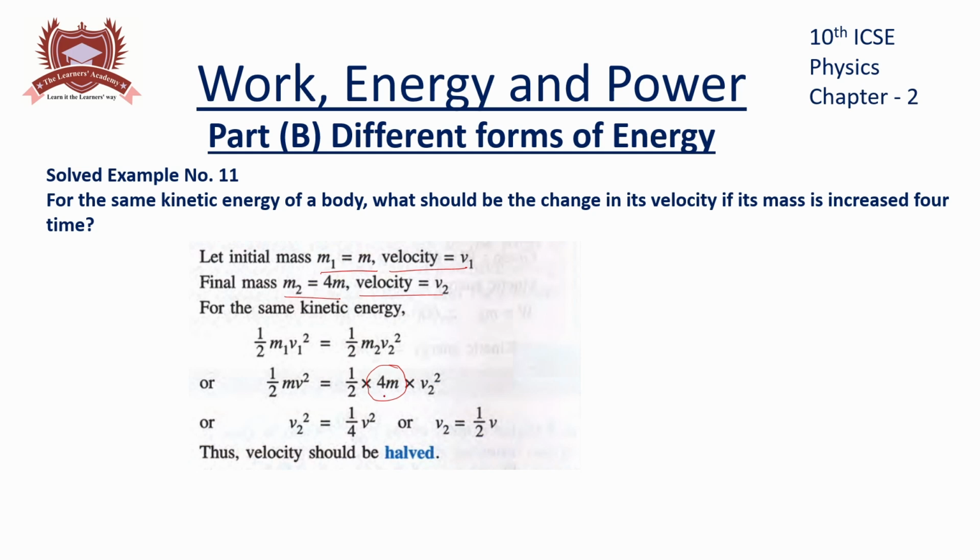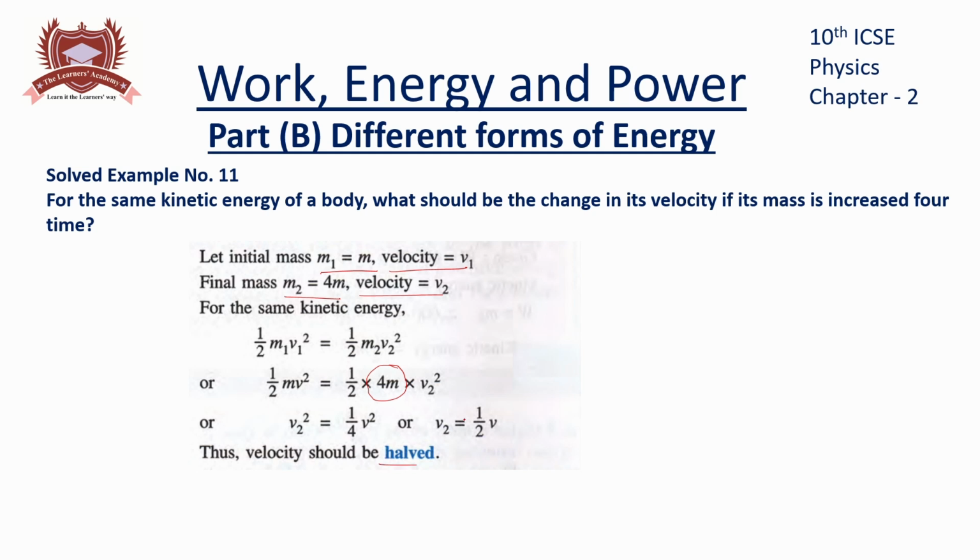So we write v2 square is equal to 1 by 4 v square. Then we take the square roots on both sides, and v2 would be equal to half v. That means the velocity should be halved.